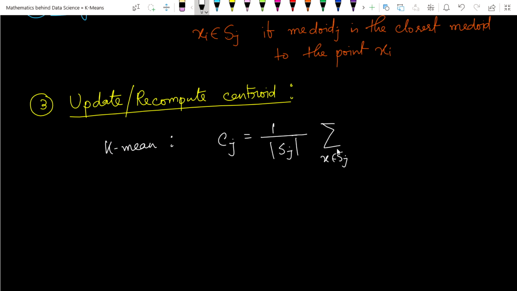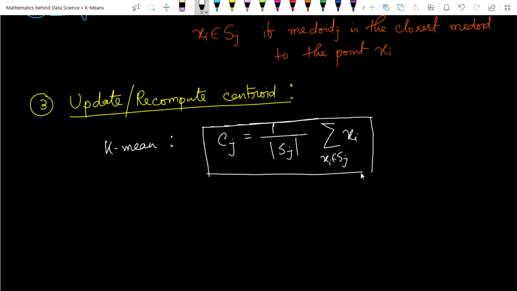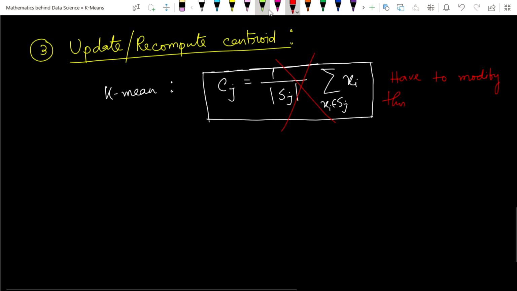That is the formula we use to update the centroid for each cluster. Now we don't use this formula. We have to modify it. Let's see step by step how we'll do this.